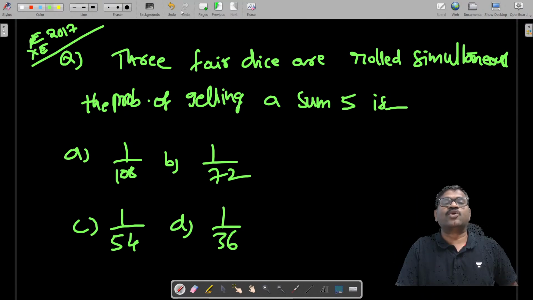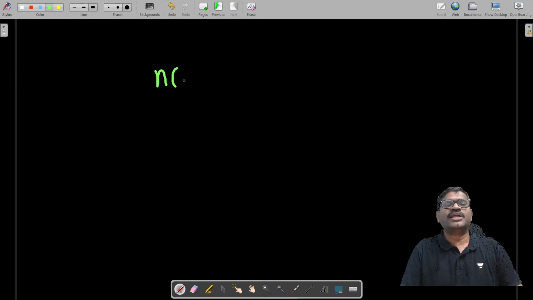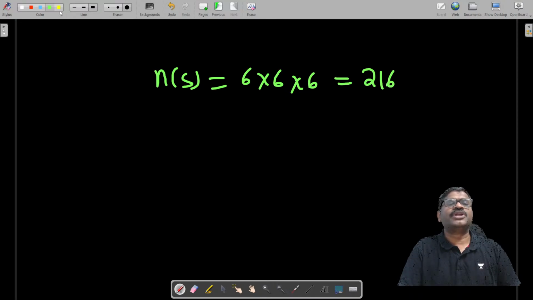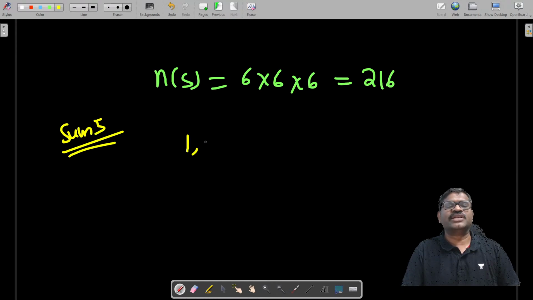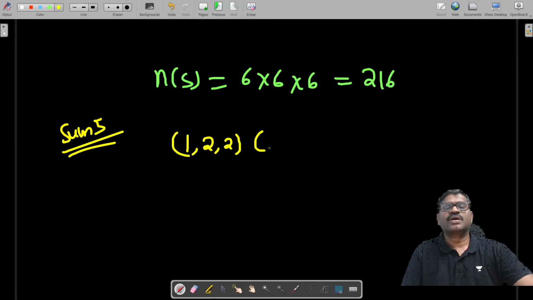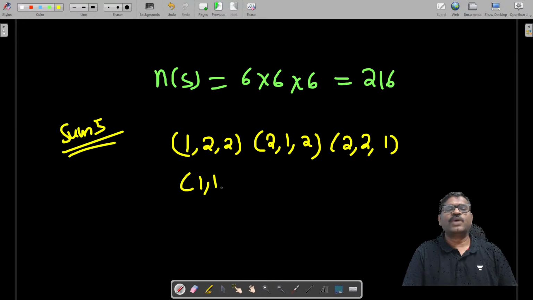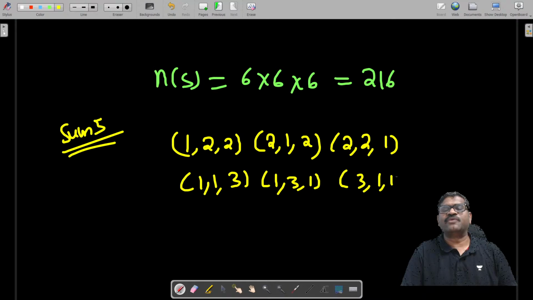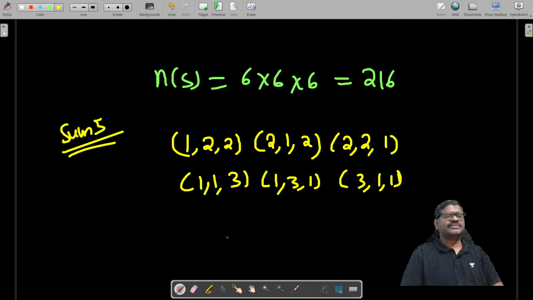Here 3 dice are rolled. If 3 dice are rolled, n of S is 216. Probability of getting sum 5 when 3 dice are rolled. Sum 5 means 1 2 2, 2 1 2, 2 2 1, 1 1 3, 1 3 1, 3 1 1. Any other?